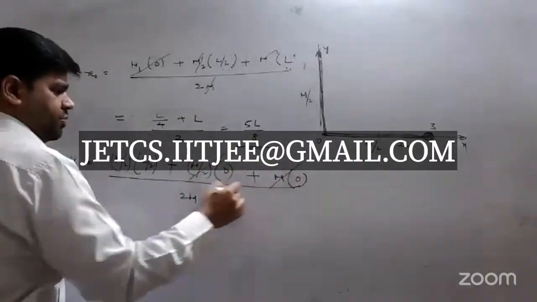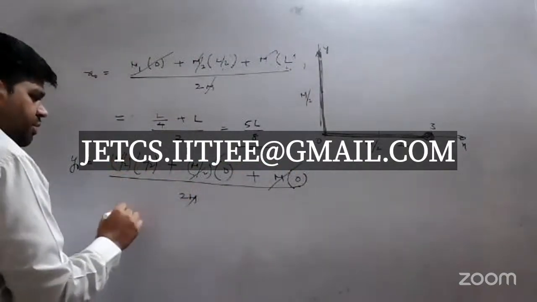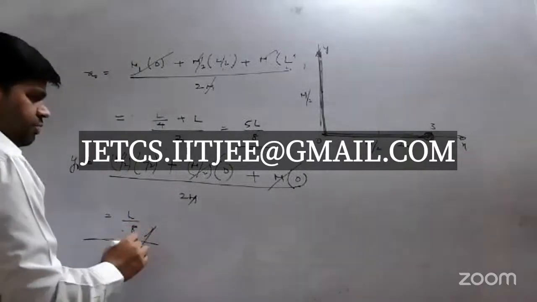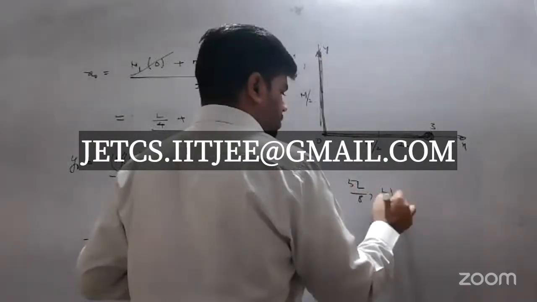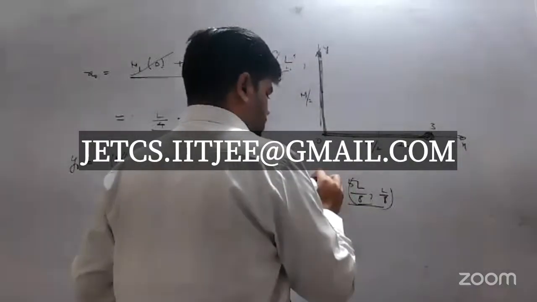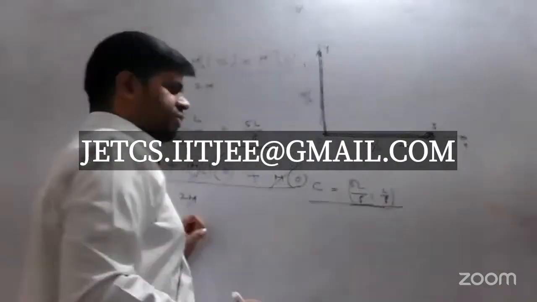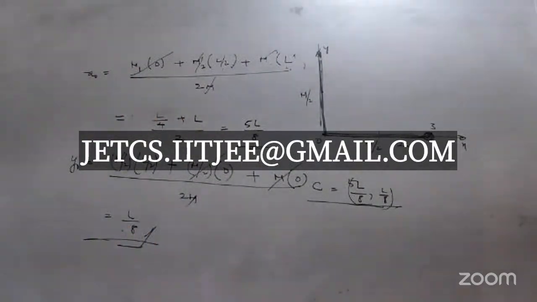So 0 is gone, m is getting cancelled out, and I'll have L by 8. My point C, the center of mass, is at 5L by 8 comma L by 8. Hope that is clear.